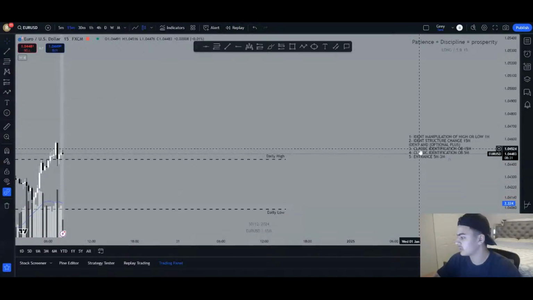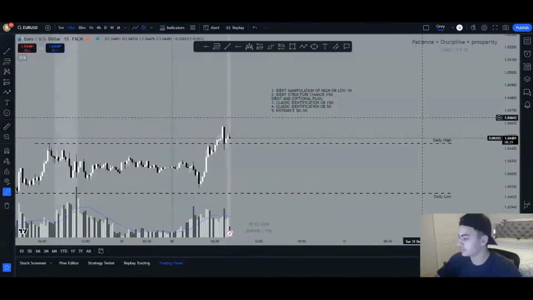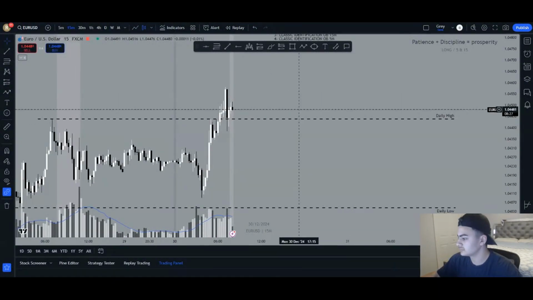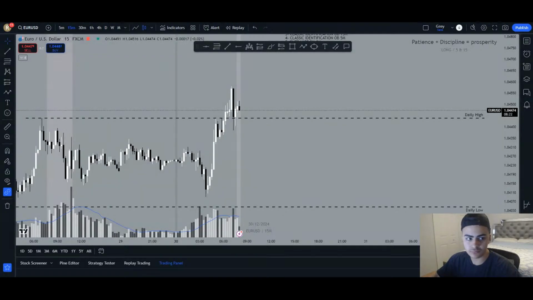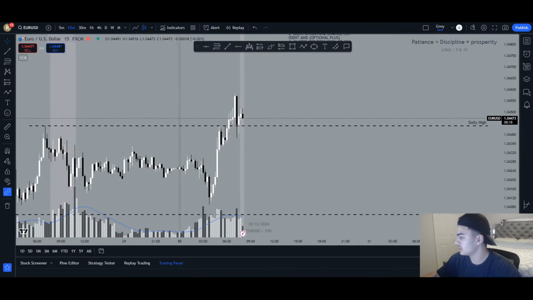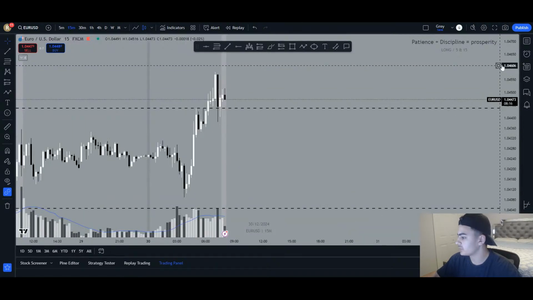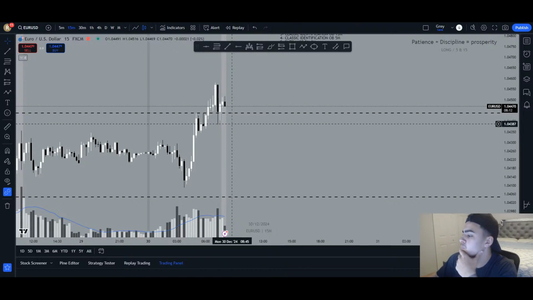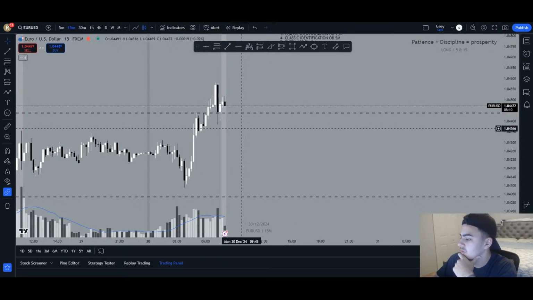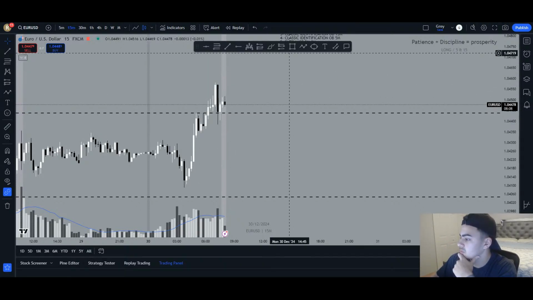Drag this over here. Bring it closer. Sorry about that. Okay. So now we look at the 15-minute. Look for order blocks like this one. I don't know if I want to.